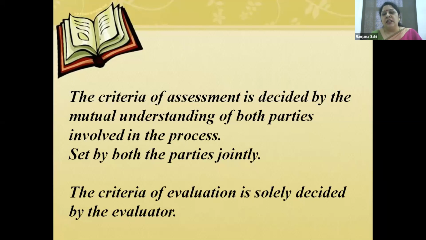Because we are looking at the skill of the child and the application of that skill in achieving something. But evaluation has a set standard. There are certain standards passed on by the evaluator, and you have to stick by them.